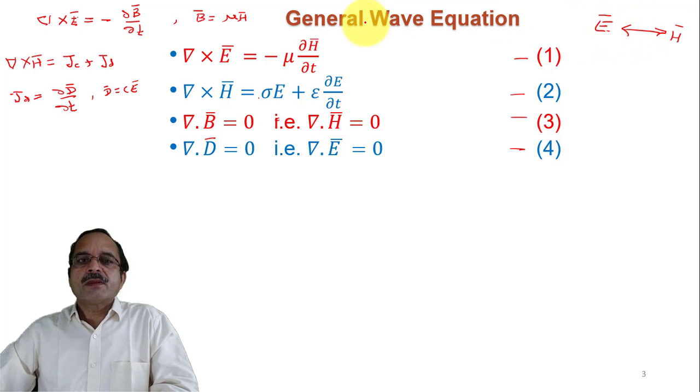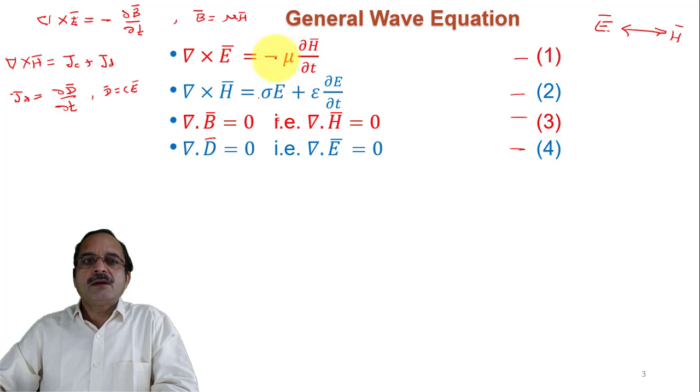By solving these equations, for example, from equation 1, if we eliminate H, then we will get an equation only in terms of E. So we will get a second order differential equation in terms of E.